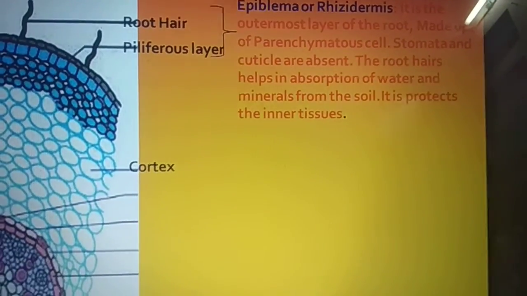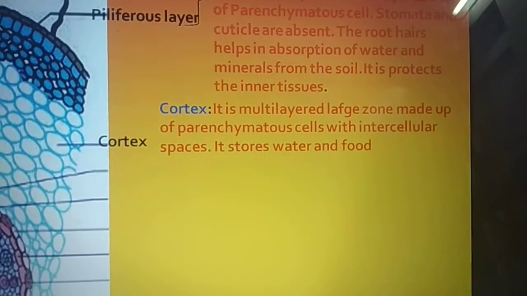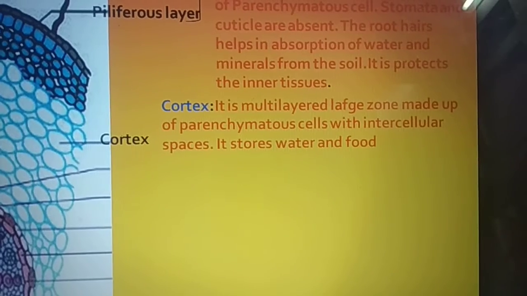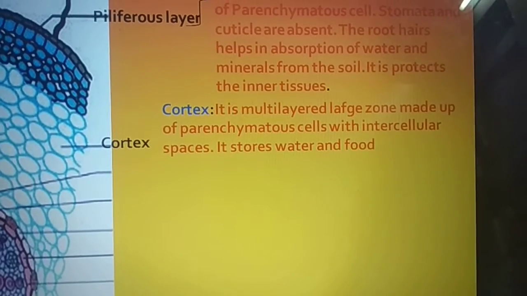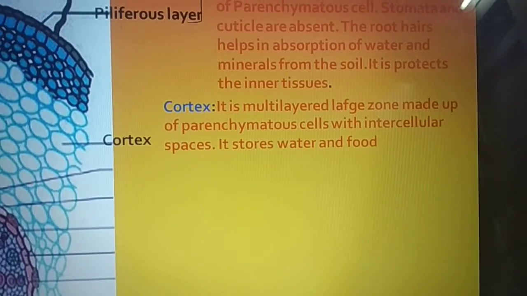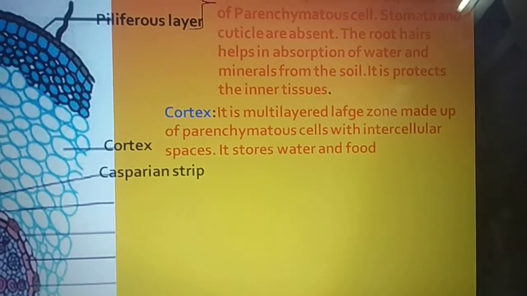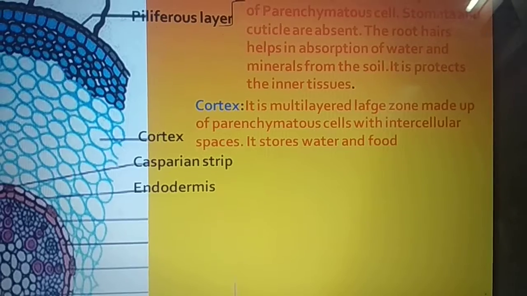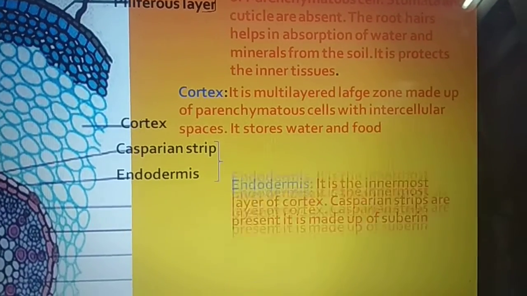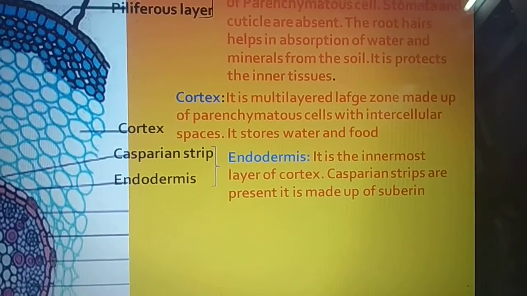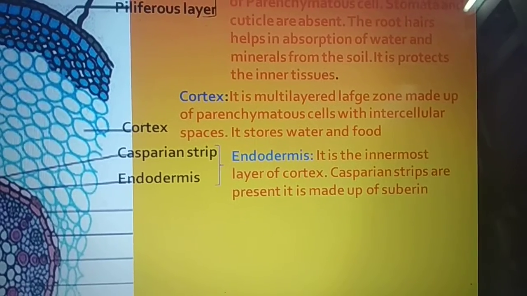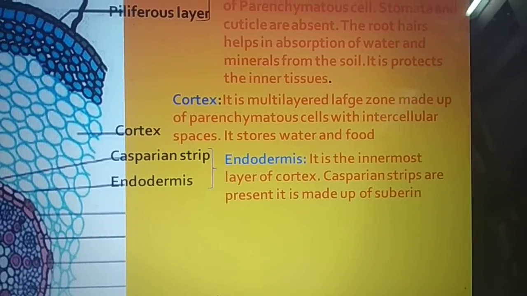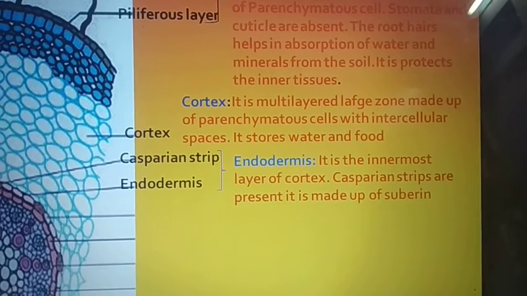Next, cortex. Cortex is a multi-layered large zone made up of parenchymatous cells with intercellular space. It stores water and food. Next one, Casparian stripe and endodermis together.